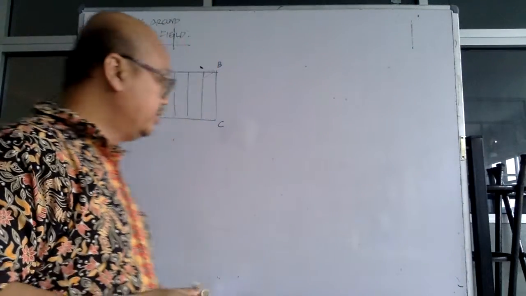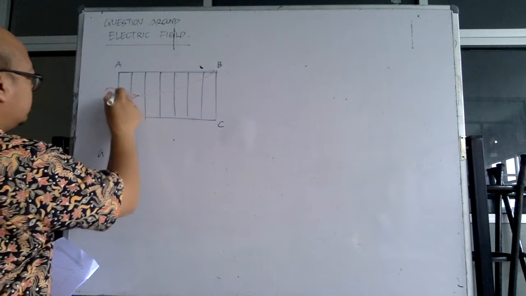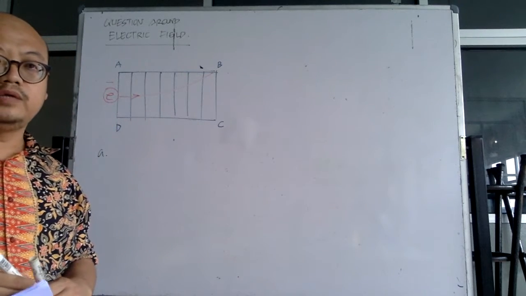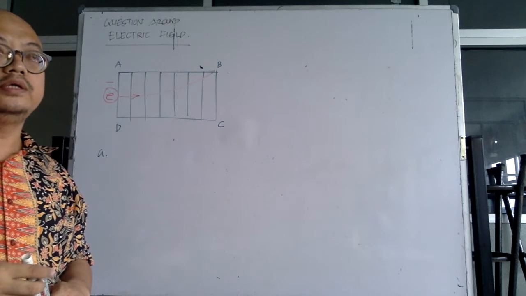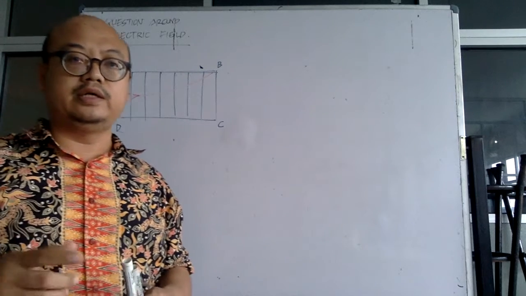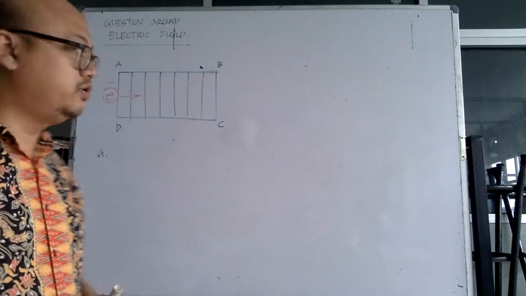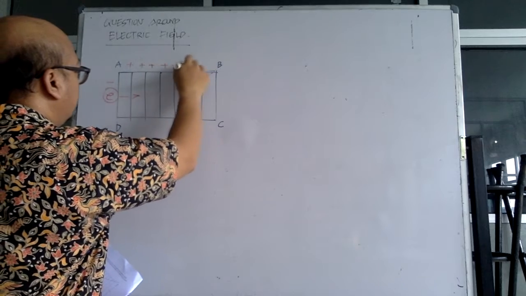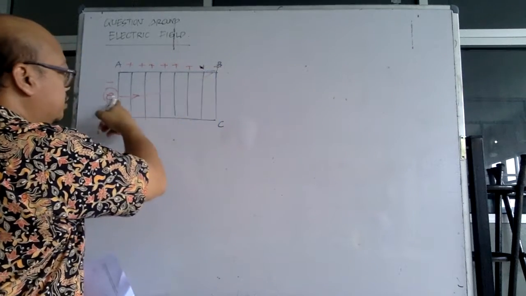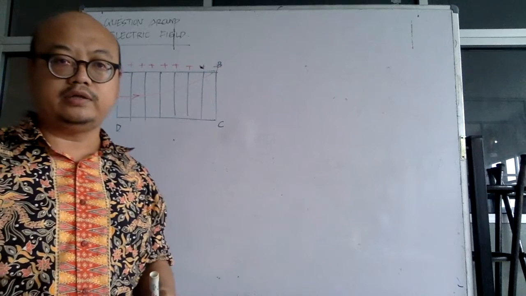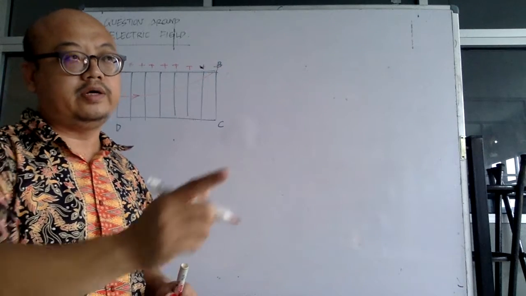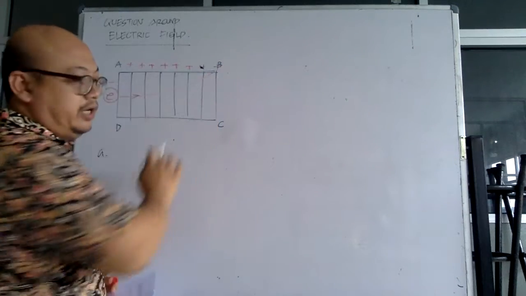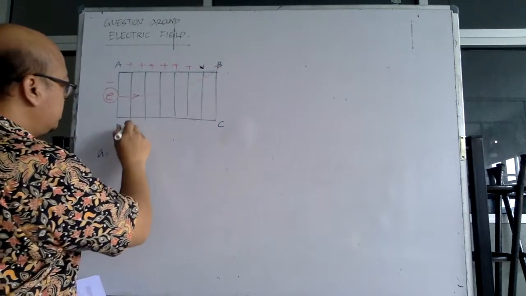We know the electron is a negative charge, so it will be attracted to the opposite charge, which is positive. The electron is coming toward the positive charge. So if plate AB is positive, then plate CD is negative.